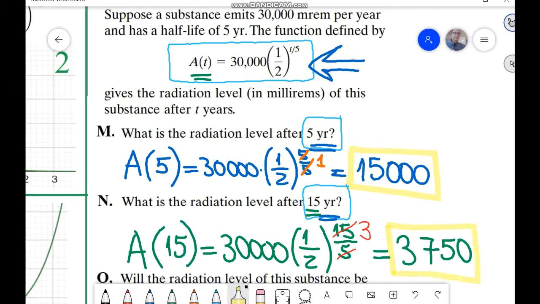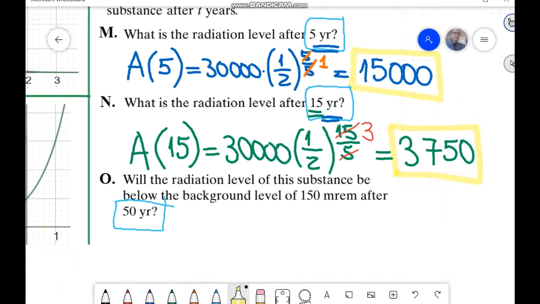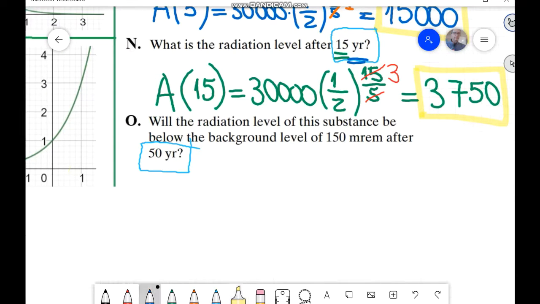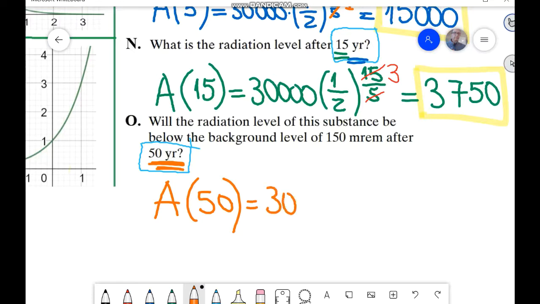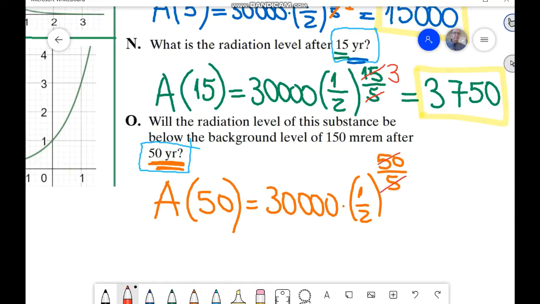What about the next one? Letter O. Kind of the same thing, because we have the time 50 years. So A at 50 equals 30,000 times 1 over 2 to the 50 over 5. Divide 50 by 5 and we have 10.